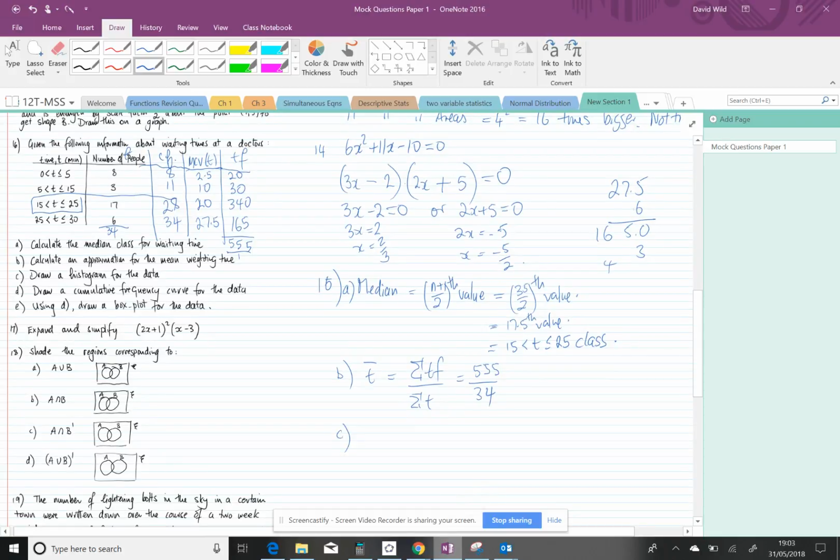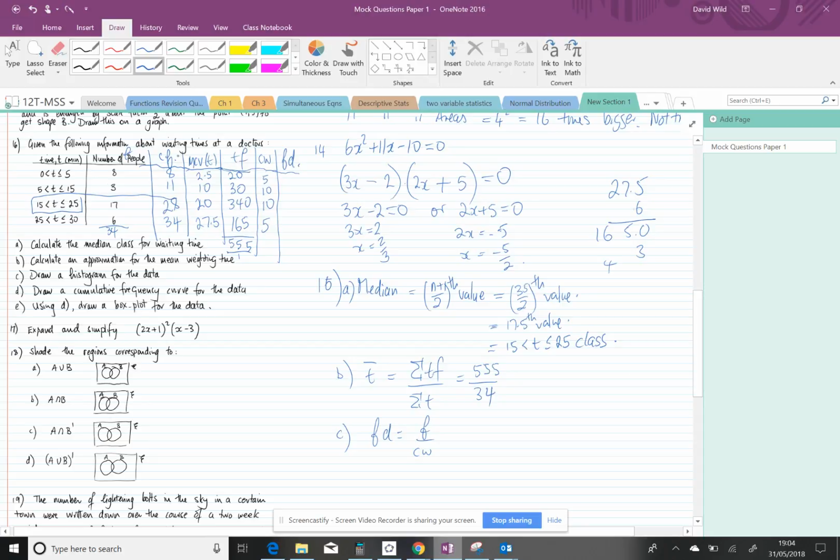Part C, draw a histogram. Well, for a histogram, we need to find the frequency density and the class width. So the class widths: this is 5, this is 10, this is 10, and this is 5. And remember, the frequency density is the frequency divided by the class width.